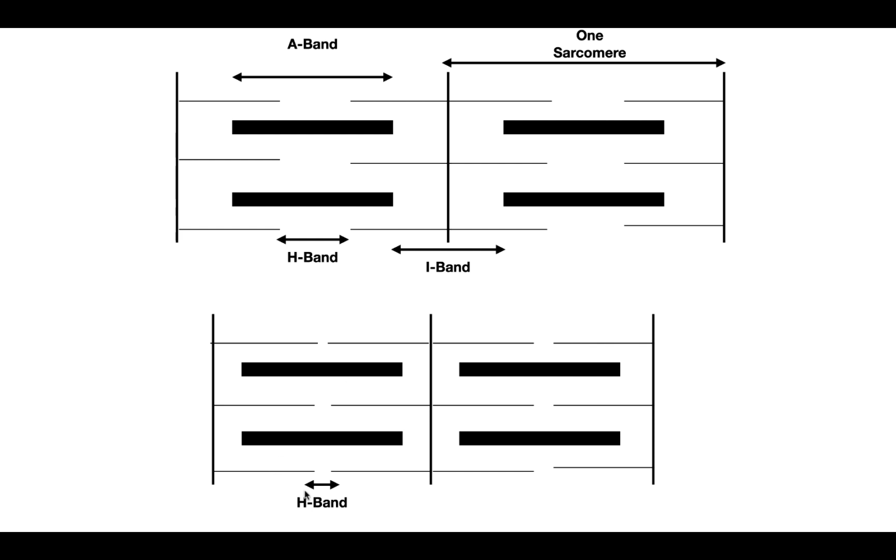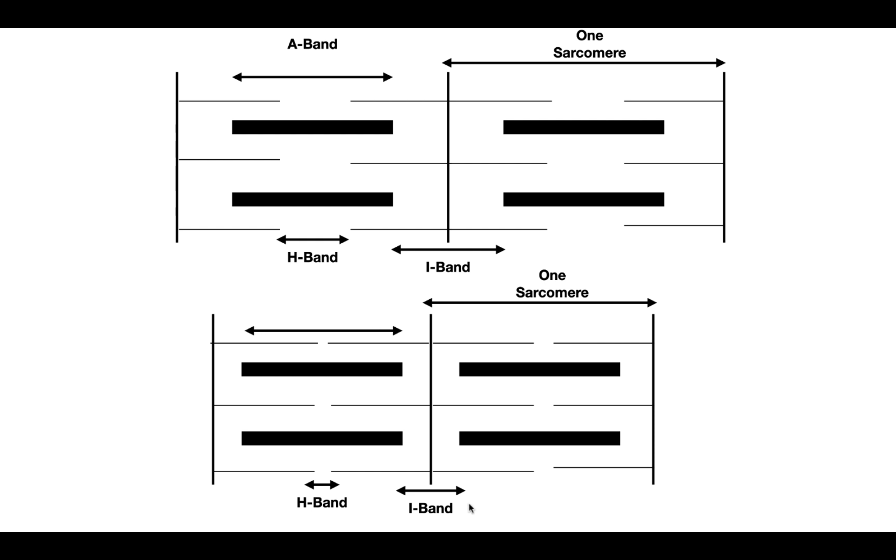So the H band has decreased during the contraction. Also, the I band has decreased during the contraction. Another thing that decreased during the contraction is the distance between two Z disks or Z lines. So during a contraction, the sarcomere shortens, which therefore means the Z lines are brought closer together.